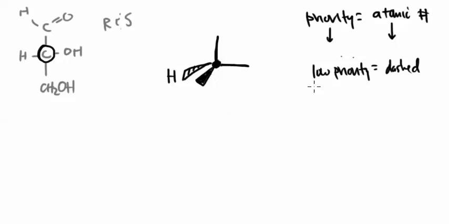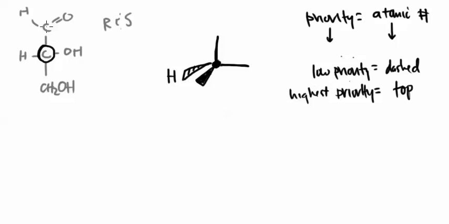The top priority, if we're given free rein to draw the structure as we want, goes up at the top of the actual structure itself. So let me change this word top to highest. The highest priority one goes at the top of the molecule. So out of the three remaining groups, I need to look for the atom that has the highest atomic number.